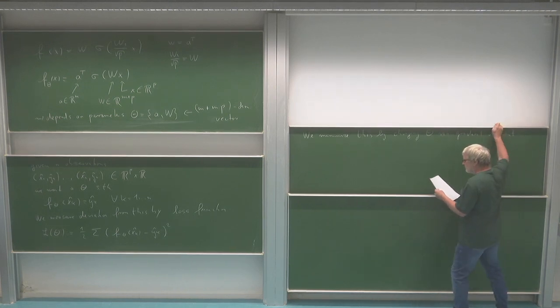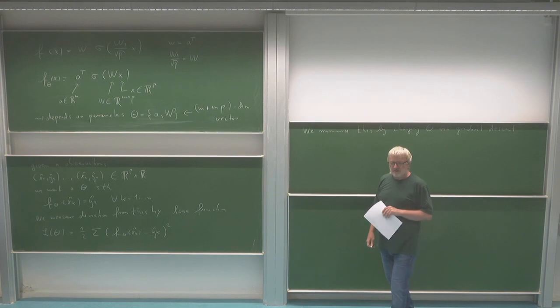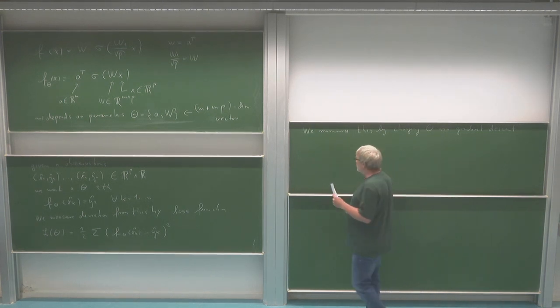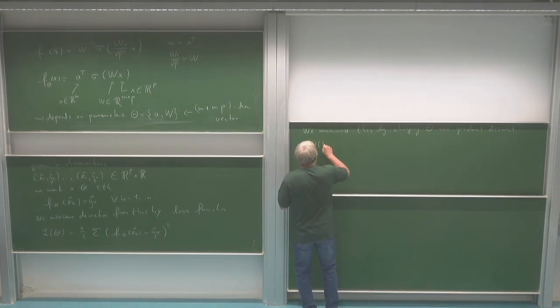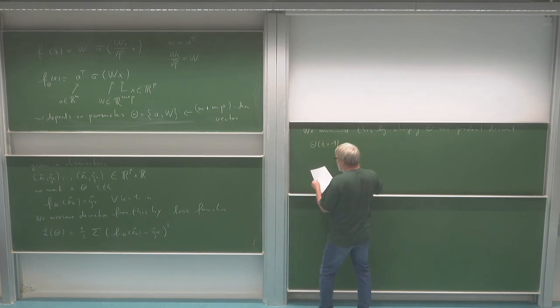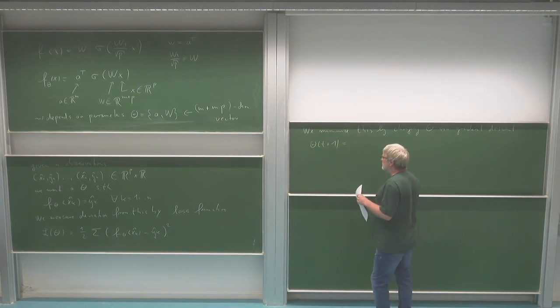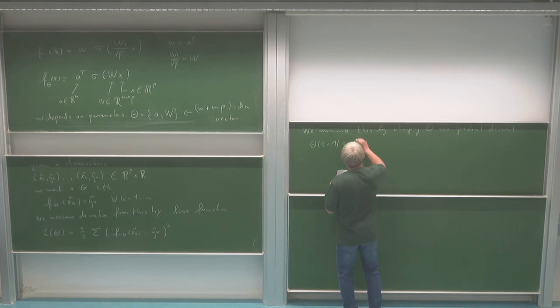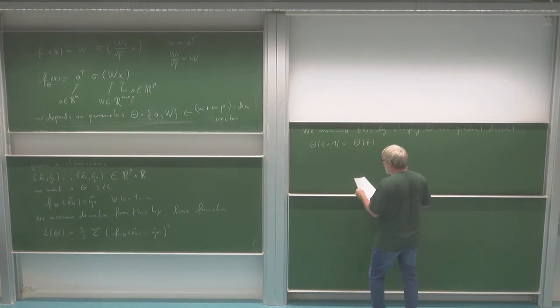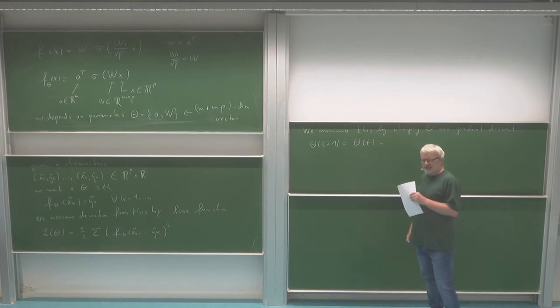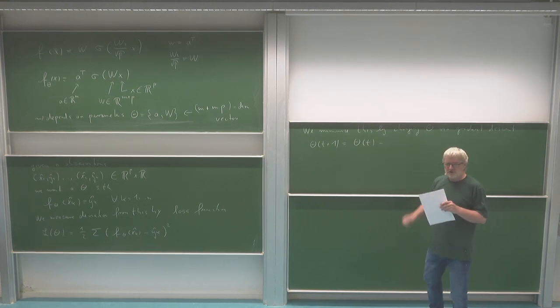What does this mean? I start somewhere with thetas, usually choosing them in a random way, and then I improve them in each iteration step by adding to the thetas which I had before the gradient of this loss function.